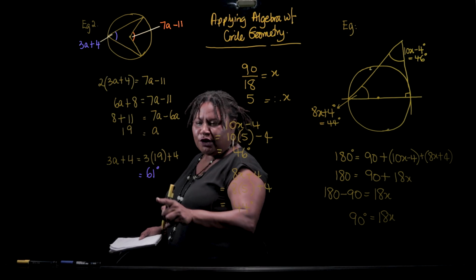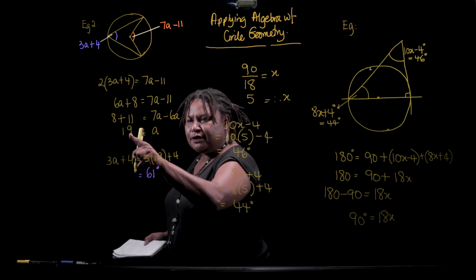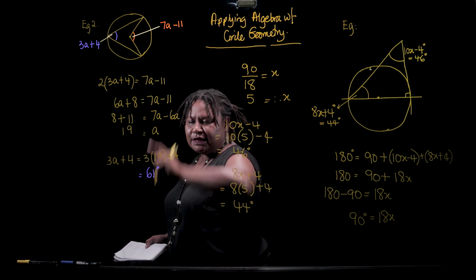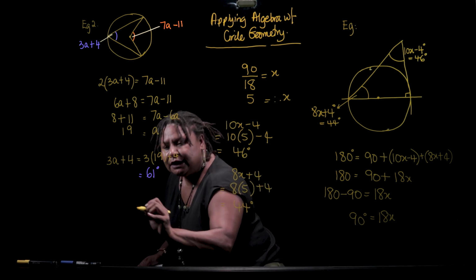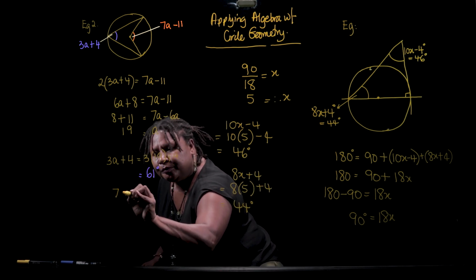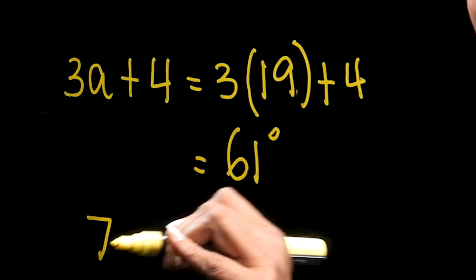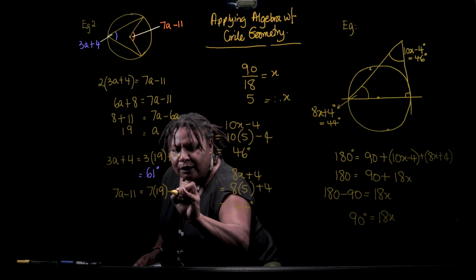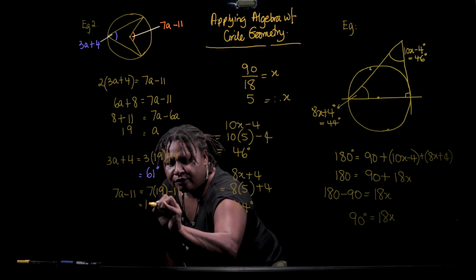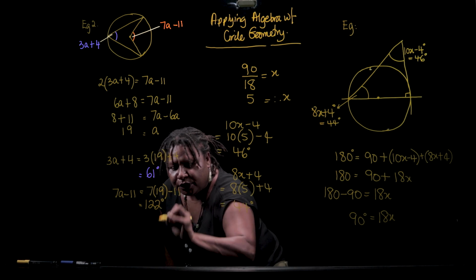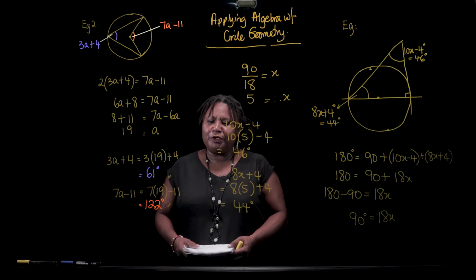Now, we already know that the angle here is supposed to be double this number, but let's see if 19 substituted into this expression will give us twice 61. So 7a minus 11 is equal to 7 times 19 minus 11, which will give us a value of 122 degrees.